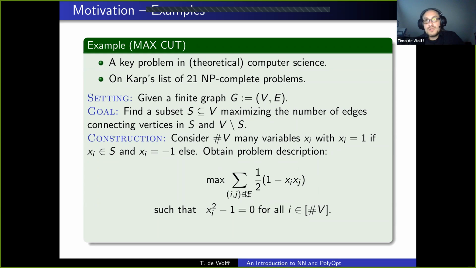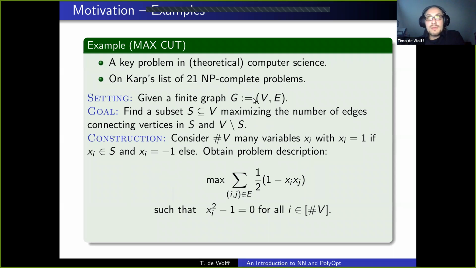It sums over all edges, and it contributes a 1 if I have chosen two vertices xi and xj which have different color, right? If one has a +1 and one has a -1, then I add a 1 here, and otherwise I have a 0. And so this is what I want, right? Essentially, solving this problem solves my max cut problem.